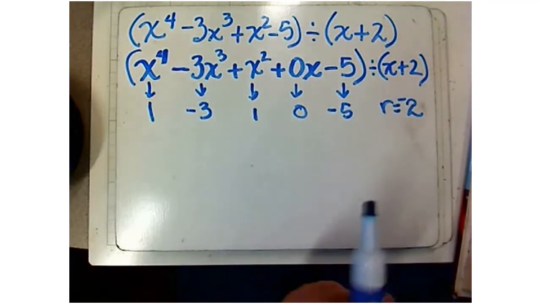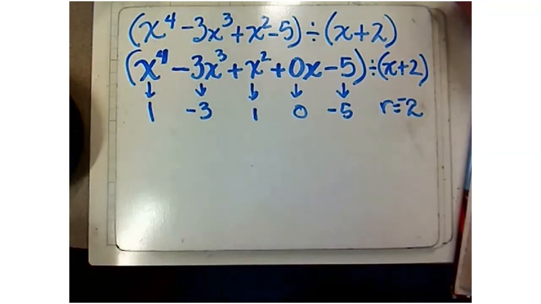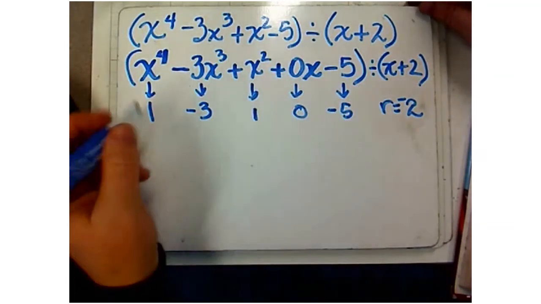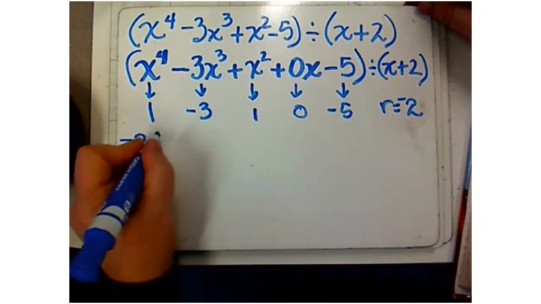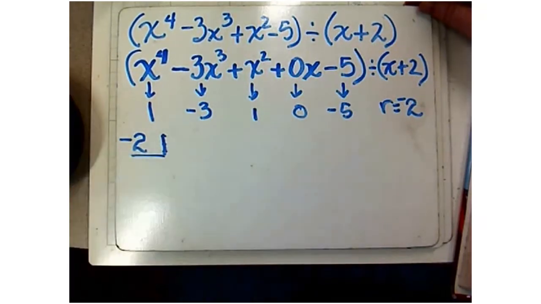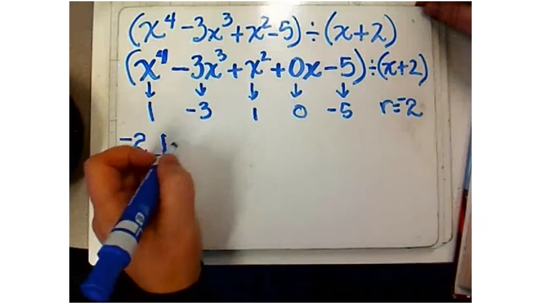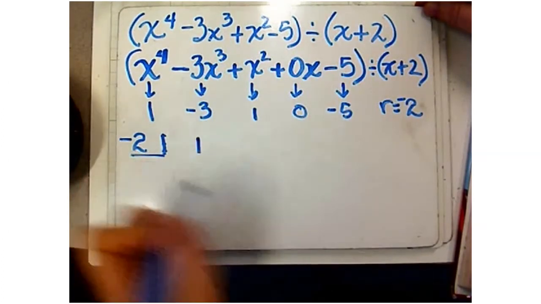All right, now we get started. This is going to be nice and pretty. We're going to get a remainder too, and we'll talk about that. So we're going to put a -2 to get us started, with an upside down division symbol. And then a space, and what are we going to put? 1, good.